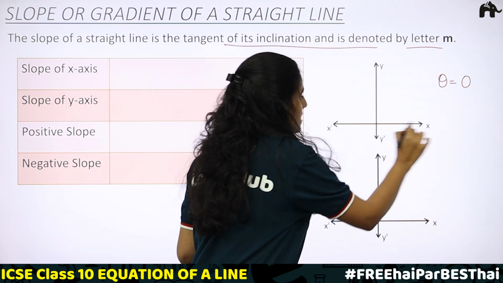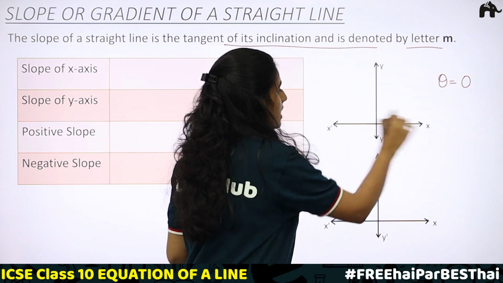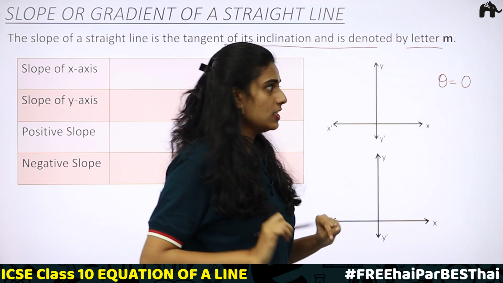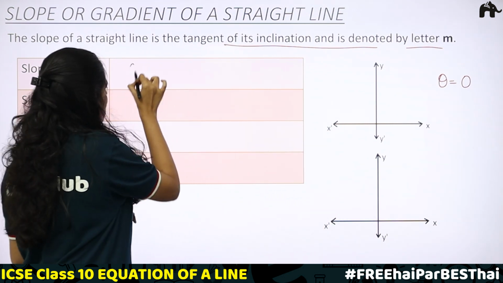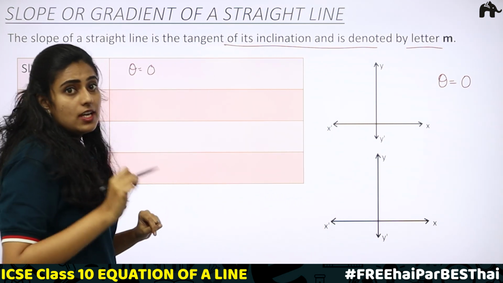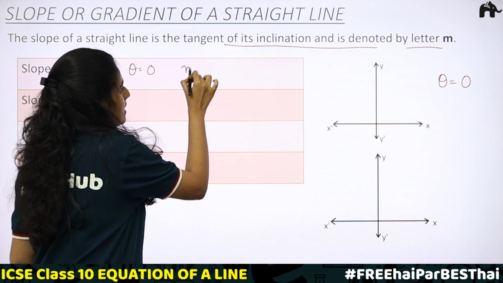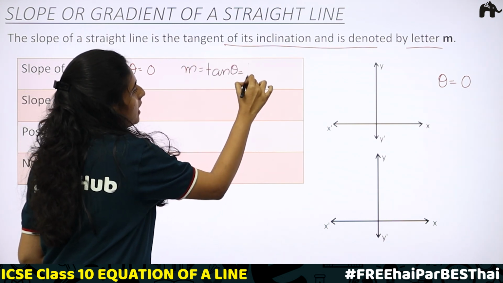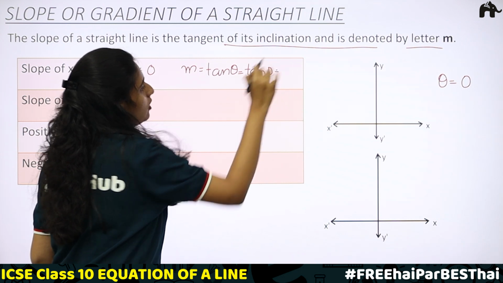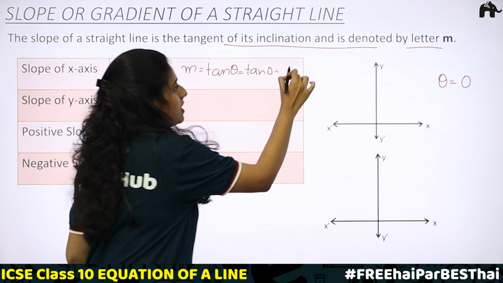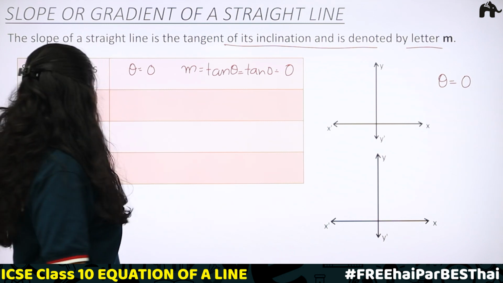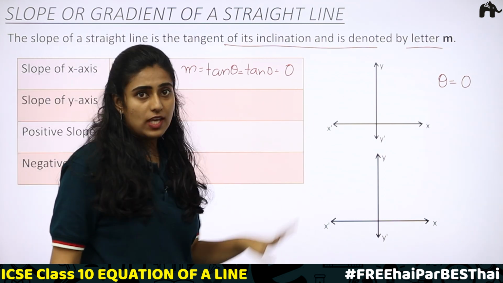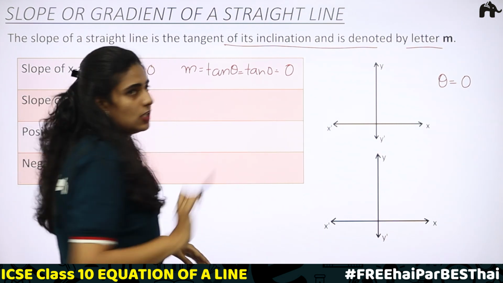For the x-axis or any line parallel to the x-axis, inclination theta is equal to 0. Then slope, represented by letter m, which is equal to tan theta, will be tan of 0. What is the value of tan 0? Tan 0 is 0. So the slope of x-axis or any line parallel to x-axis will be equal to 0.